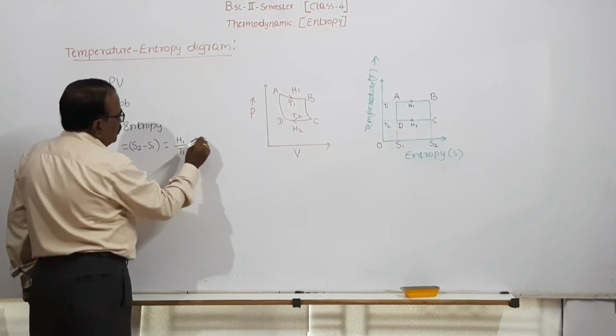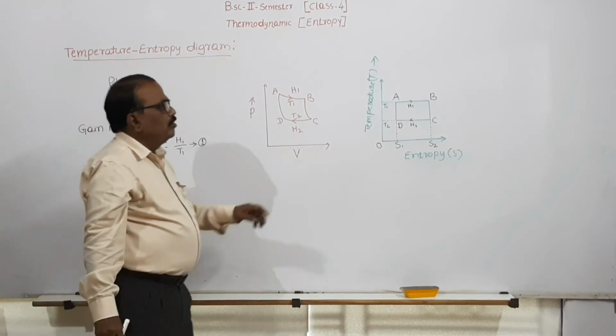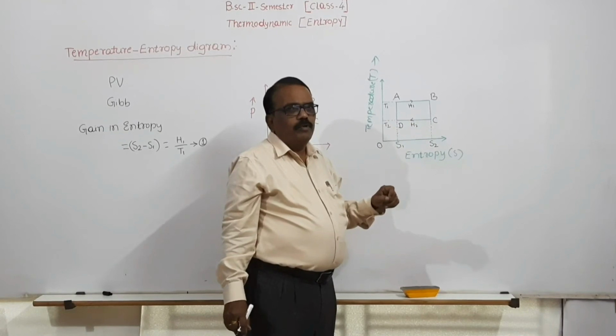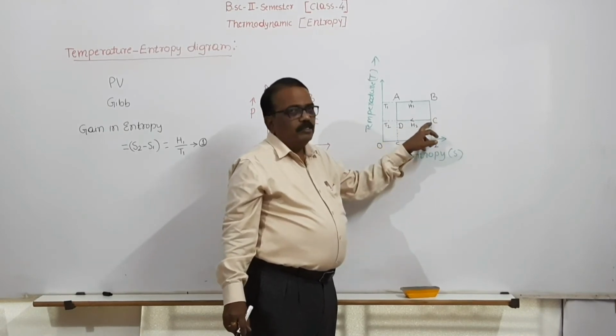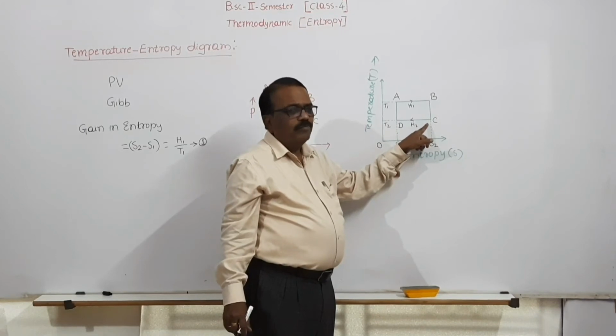Call this equation 1. So along BC, there is no change in the entropy. It is an adiabatic, so change in the entropy is 0.